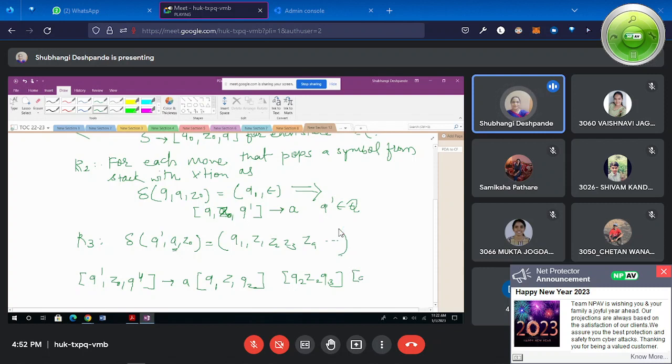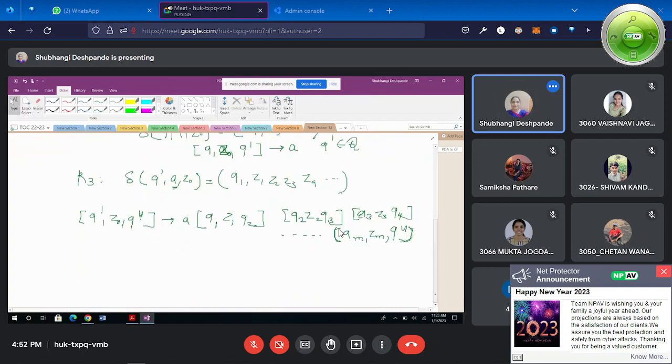Similarly q3, z3, q4, and so on till qm, zm, q double dash. And this is what goes in the square brackets, where this q double dash belongs to q.